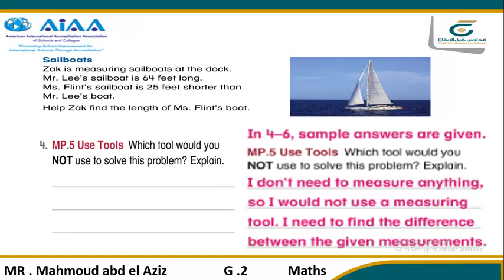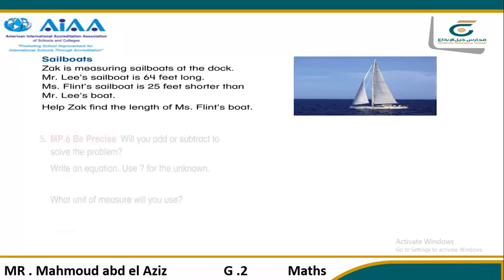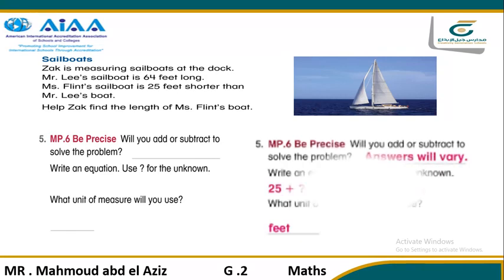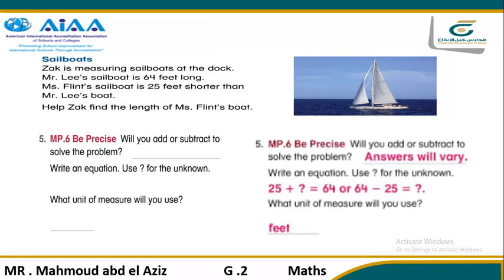That's the first question. What about the second question here? The second question is, will you add or subtract to solve this problem? You should think here. Some students can add the numbers: 25 plus the unknown measurement equals 64.